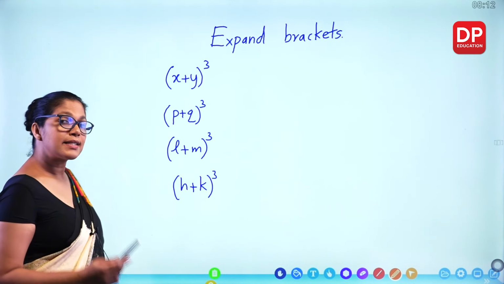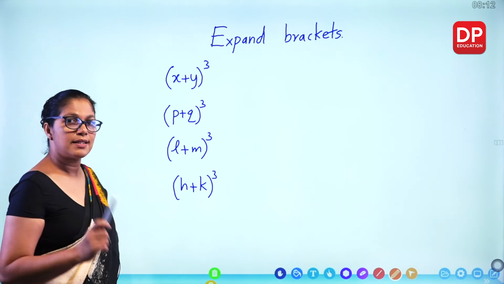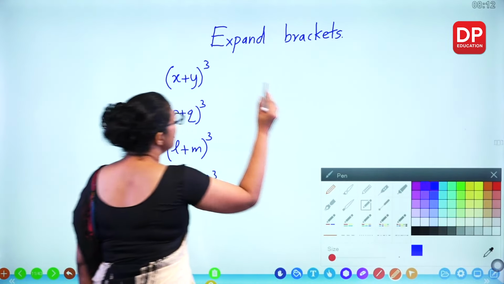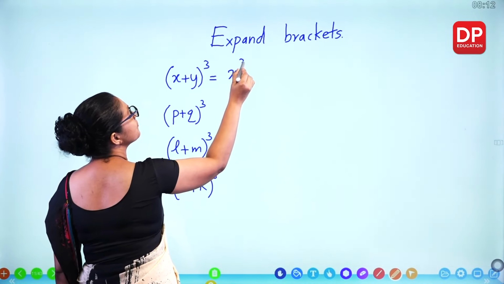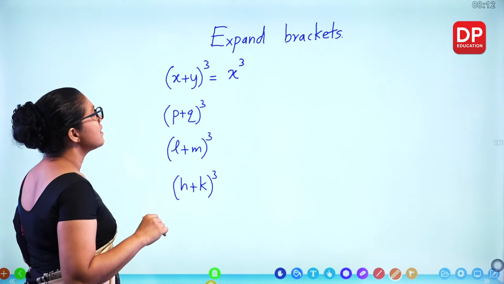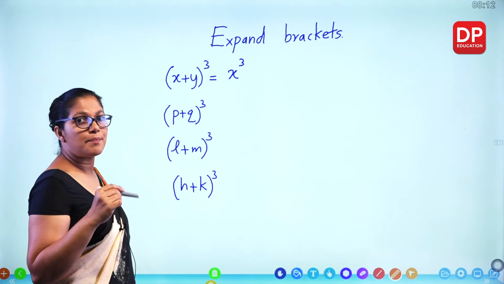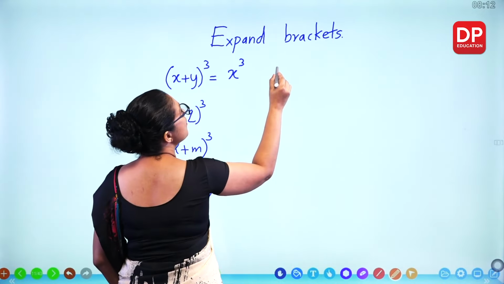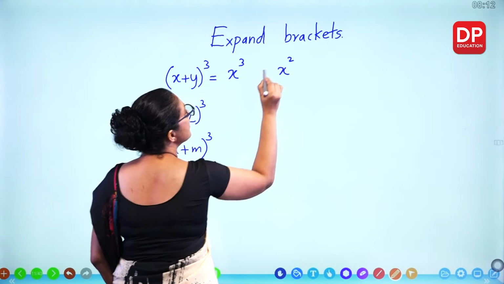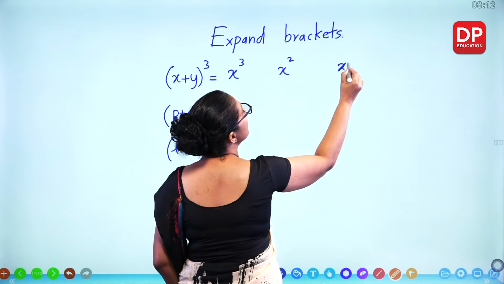Now we'll use that pattern and expand power 3's. So what's the pattern you observed? We observed first term cube. And then in the other terms, the power of the first term reduces by 1. So I can put x squared, x1.